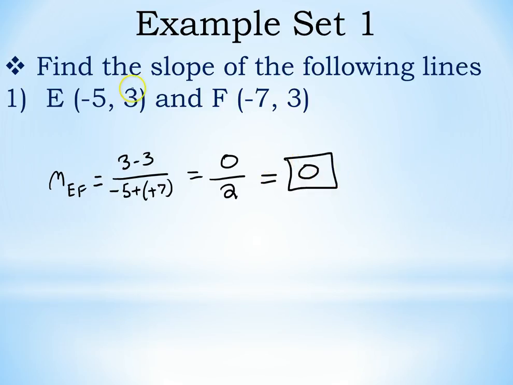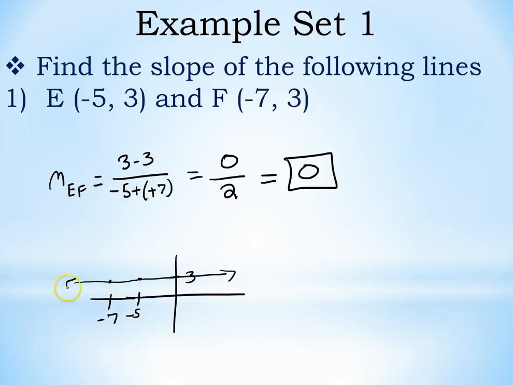So this right here is the case of a horizontal line. If I were to plot this, it would look something like this. We just have a simple horizontal line. Slope is 0. So if you notice your y-coordinates are both the exact same number, your slope will just be 0.